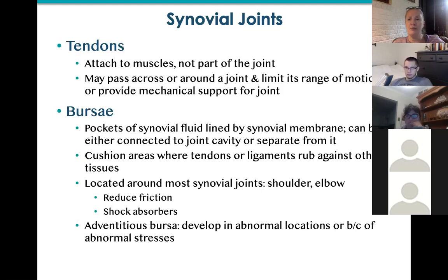Sometimes you will find people who have mechanical faults or defects in a joint, and they might grow extra bursa. So with bursa there's a lot of variation, but these will cushion areas where our tendons and ligaments cross over or rub against the bone tissues.